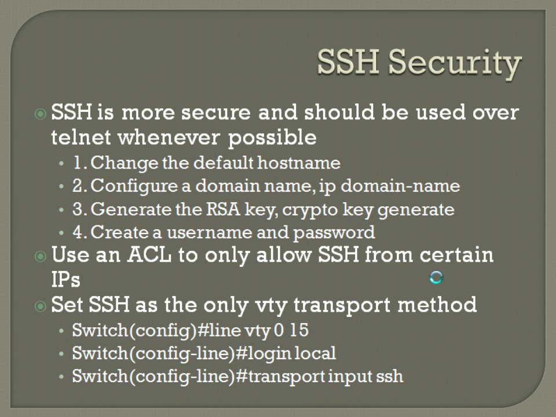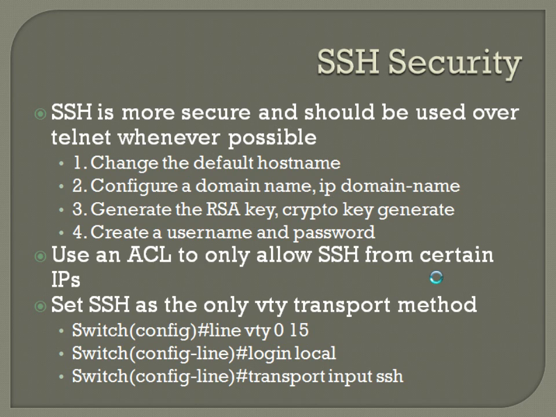Another important option is SSH security, basically whether you choose to use Telnet or SSH. We've talked about this a bunch of times too. SSH is way more secure and should be used over Telnet whenever possible, because it's sent encrypted instead of plain text. There are four steps for doing that. First, you've got to change the default host name of your equipment.